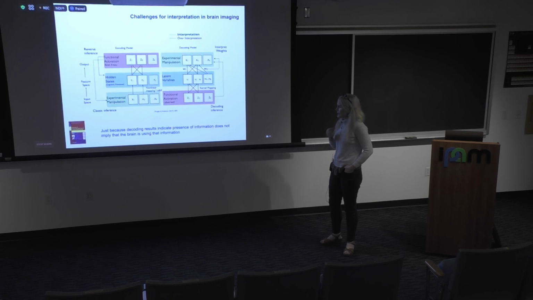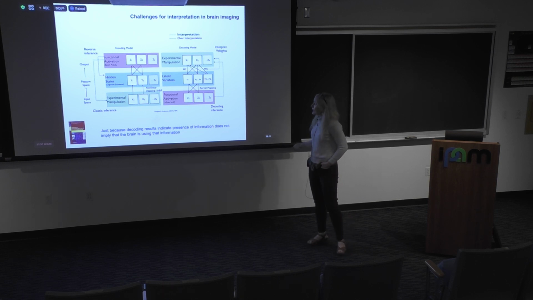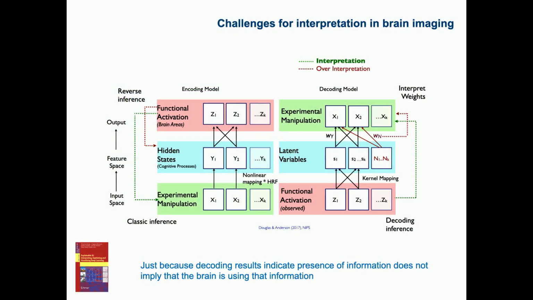So in this sense, there are many challenges for how we actually draw inferences and make meaningful interpretations, even when we have excellent explainable AI methods. One of them is that just because there is information contained in a specific region of the brain doesn't mean that the brain is actually using that information for that specific task.